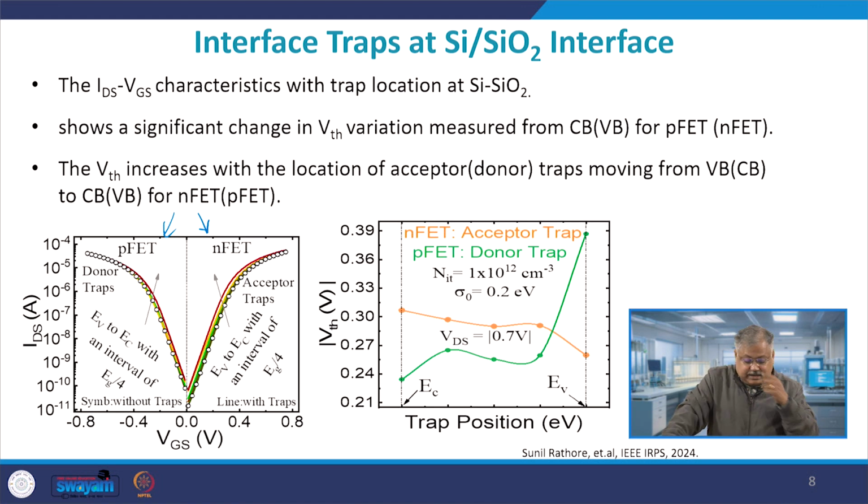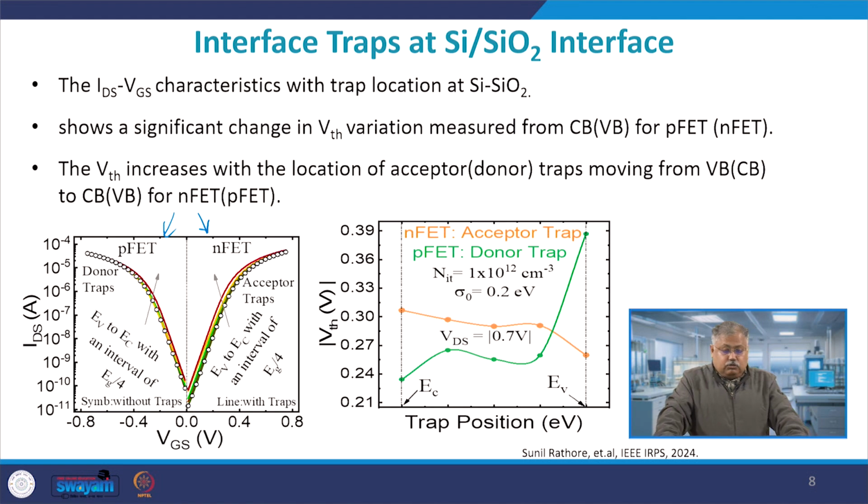However, what we see is that without traps, the current is slightly higher as compared to with traps. And this is true even for donor traps as well as for acceptor traps. The reason for this observation is that the traps tend to make the current much lower, and that's the reason you see a much lower current in the second case.